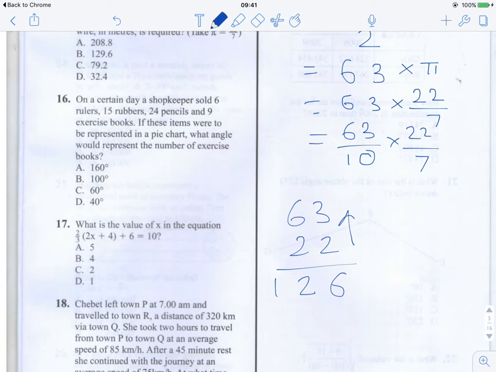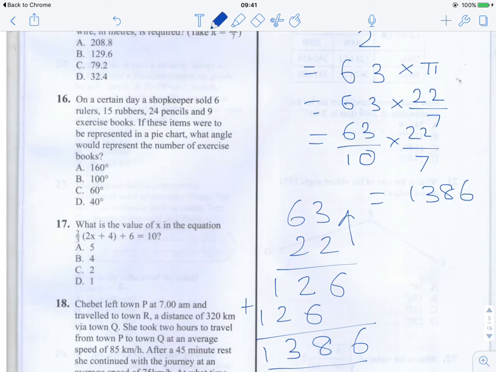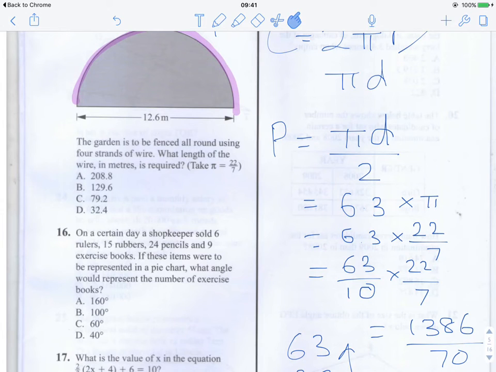Then 2 times 3 is 6, and 2 times 6 is 12 again. Then we add these: 6, 8, 3, 1. So we get 1386 over 70, and to that we need to add 12.6.